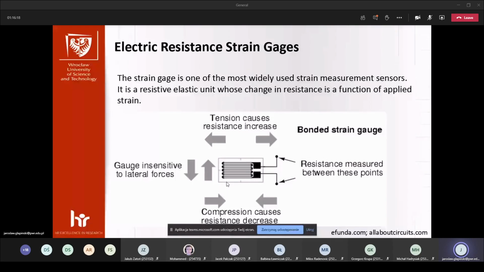So if we use the same knowledge and produce a strain gauge, this is our wire, and we use, for example, forces to change the mechanical properties of this element, we will change the resistive properties of these elements.